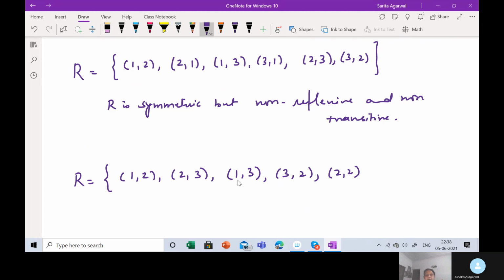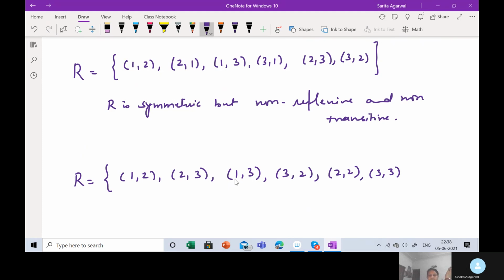When we have (3,2), (2,2), then (3,2) is here. When we have (3,2), (2,3), that means (3,3) should be here. Another thing, we have (1,3), (3,3), so (1,3) is here. So this relation is transitive, but it is neither reflexive because (1,1) is not here.